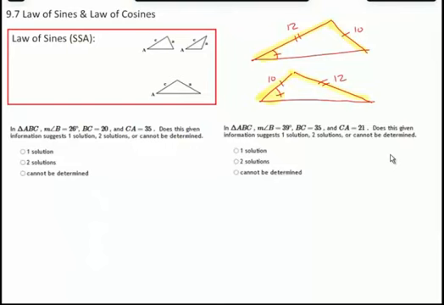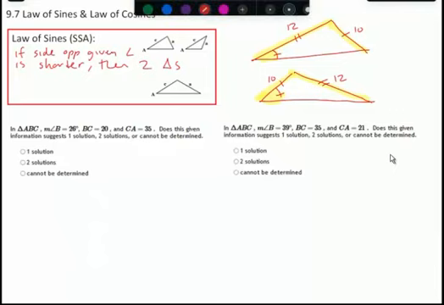If the side opposite the given angle is the shorter of the two, then there's two possible triangles. Okay, so what we see right here in red is one possible triangle.